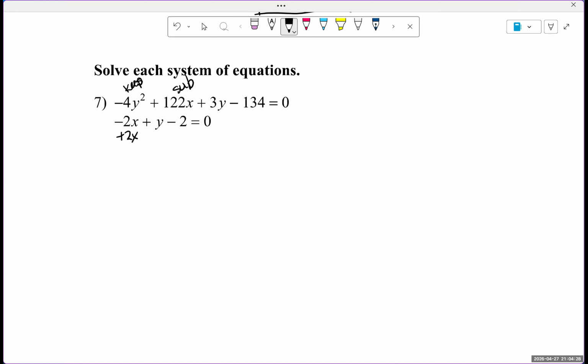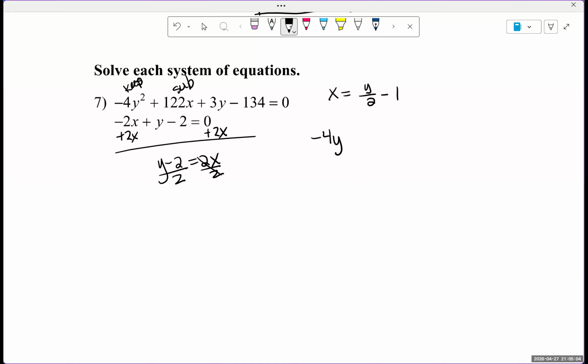I'm going to go ahead and move 2x to that side. So we have y minus 2 is equal to 2x. Divide by 2. So we have x is equal to y over 2 minus 1. Little awkward. We have a fraction. Now let's plug it in.